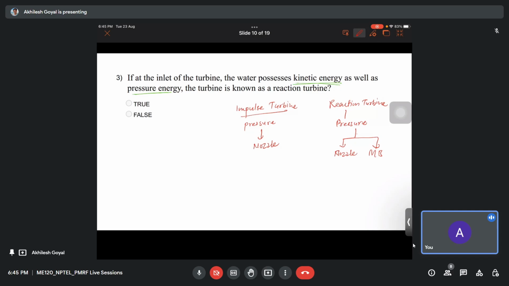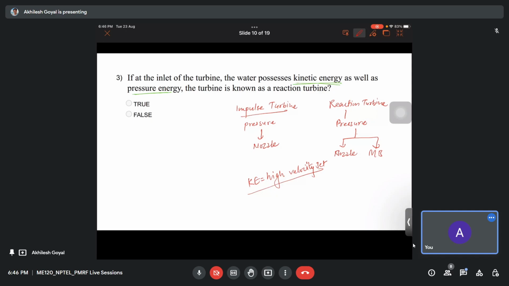So here the question says, at the inlet of turbine the water possesses kinetic energy. Kinetic energy means high velocity jet, as well as pressure energy. In the case of impulse turbine all the pressure drops in the nozzle and is converted into kinetic energy only.